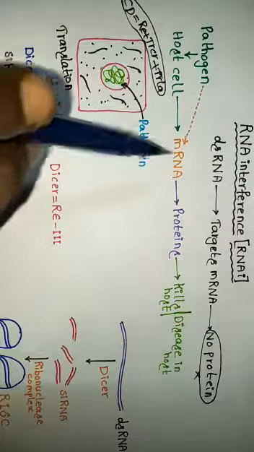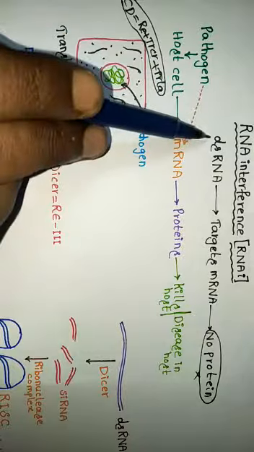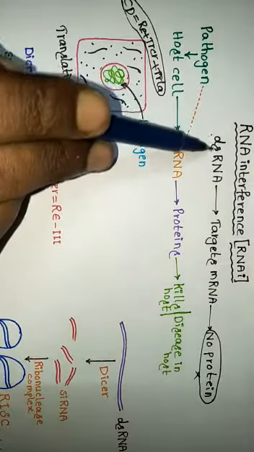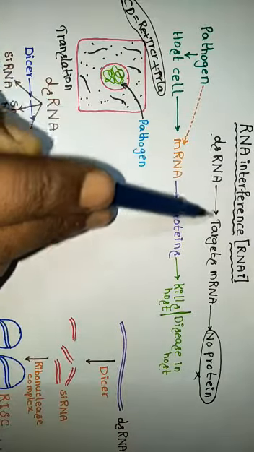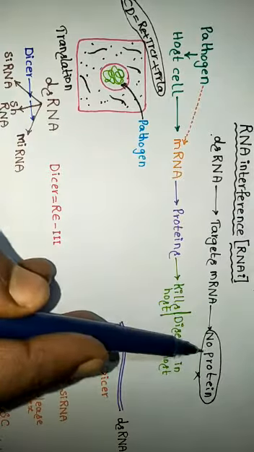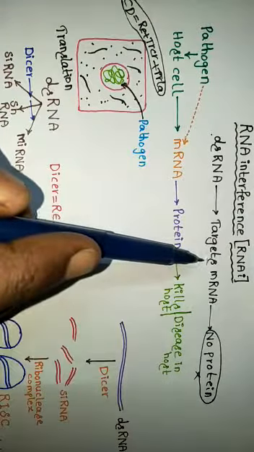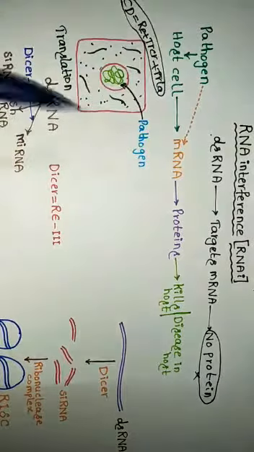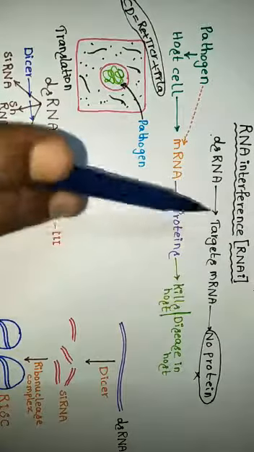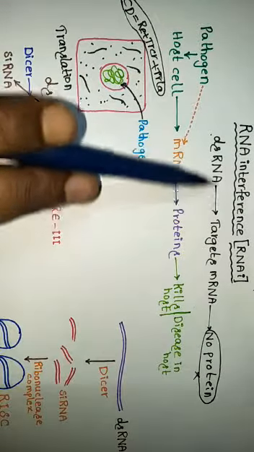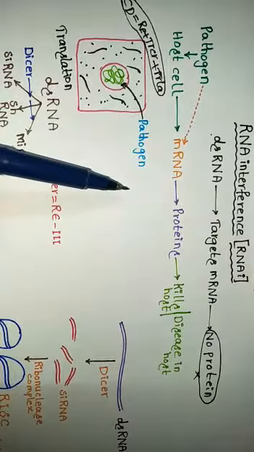To stop this mechanism, the host cell produces double-stranded RNA and it targets the mRNA so that no protein synthesis takes place. How does this mechanism take place? It will not complete in these three steps simply.